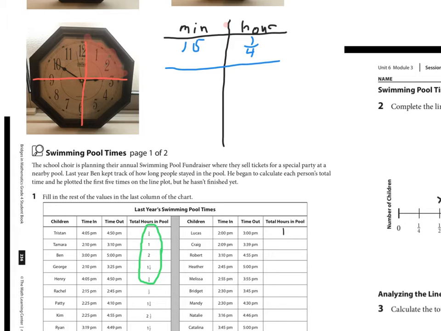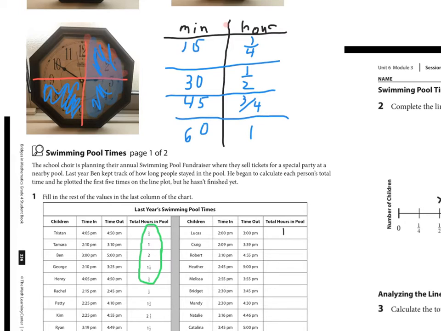And then if you were to do 30 minutes, you can see that that's half an hour. And then add 15 more minutes to that, and then you now have, what is that fraction? Well, it's 45 minutes, and now we have 3/4. And of course, 60 minutes is 1 hour.